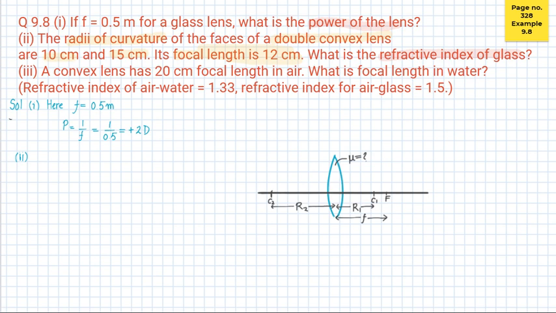So according to the question, R1, they have given how much? It is 10 centimeter. So it should be plus 10 centimeter. Okay. The first radius of curvature is positive, fine, since it is in the direction of the incident light.